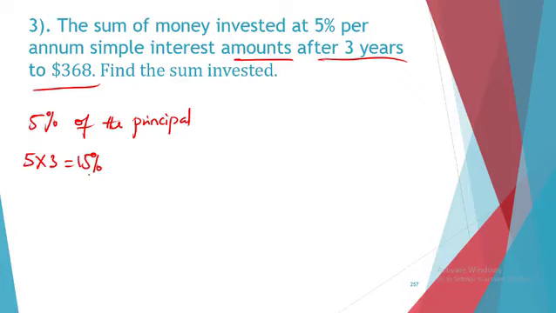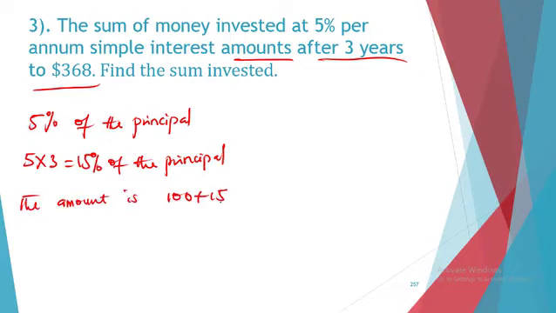And that's how we got 15% of the principal. The amount therefore is 100 plus 15, which will give us 115% of the principal.